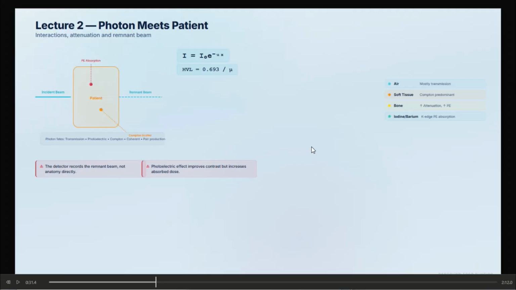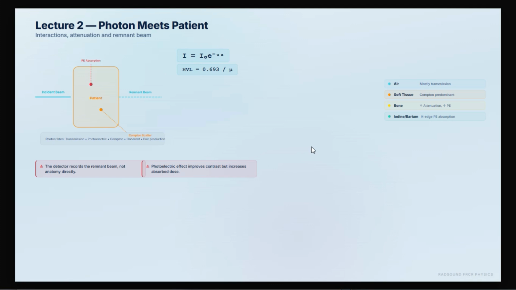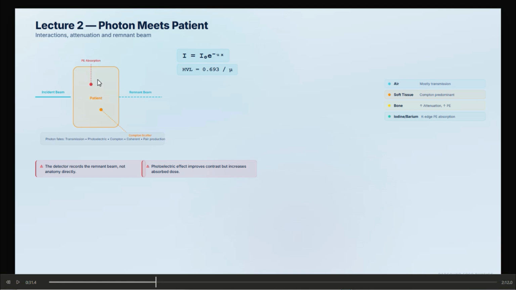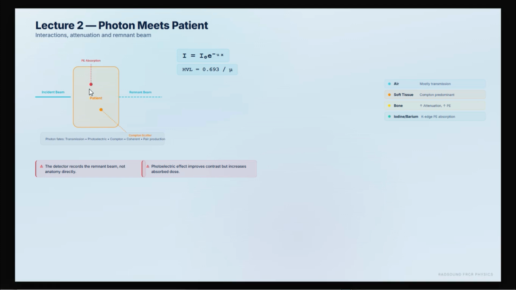As the energy increases, the Compton mostly predominates in high energy, whereas photoelectric becomes more dominant in low energy. And we have transmission, the beam which passes through the patient and takes the main information from the patient without undergoing anything, no Compton, no photoelectric effect, no photodisintegration, nothing.